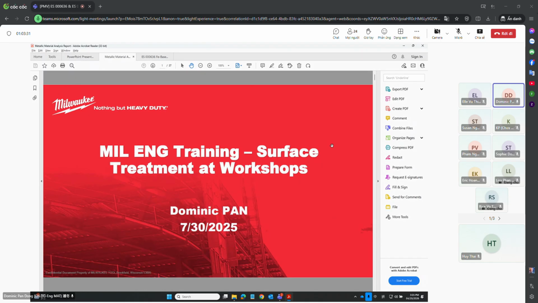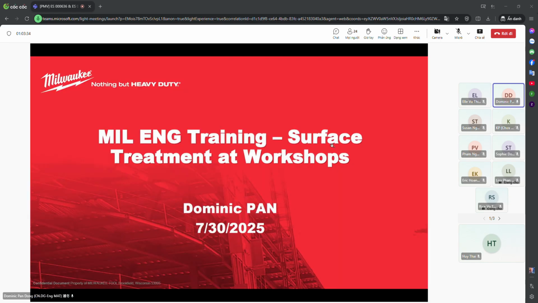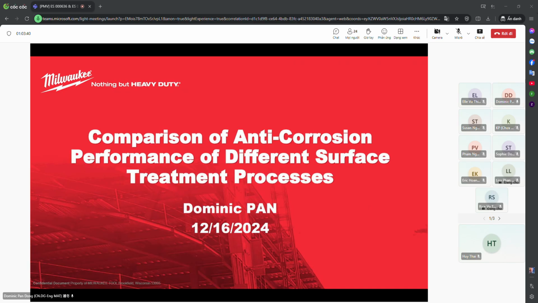Let's go to the next step, about surface treatment. First, a quick introduction of surface treatment. Above all, this is a key summary table of the requirements for various types of surface treatment processes listed in our ES standard.